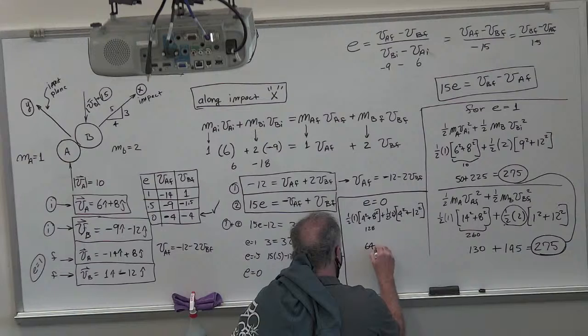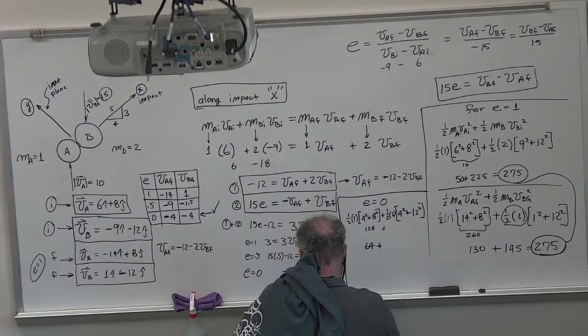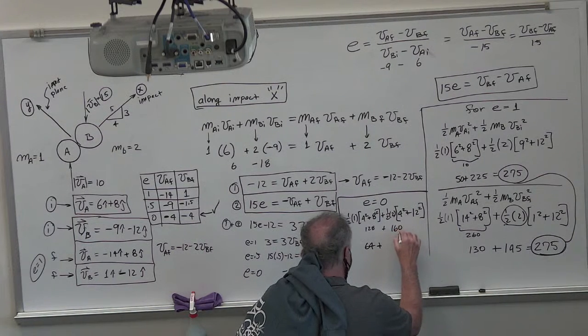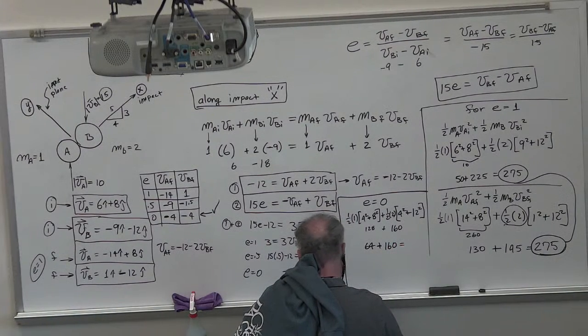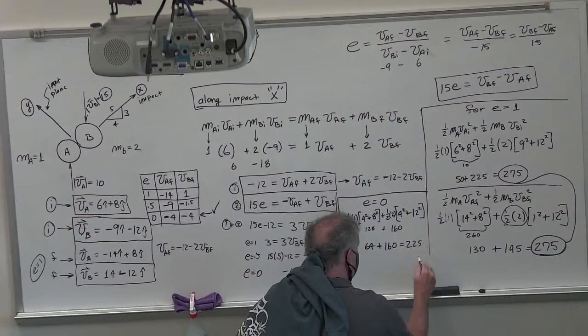I have 64. This one just becomes 4 squared plus 12 squared, or 160, and it just becomes 160 plus 225.